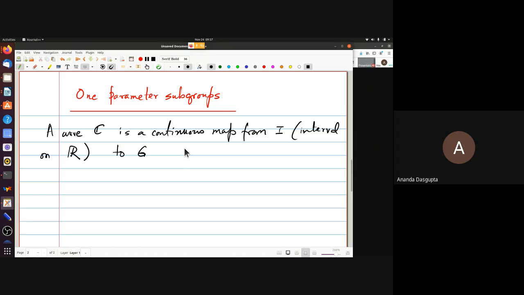Those of you who have done advanced maths would know that when you say continuous map, the curve really is a map, but we often confuse the map with the image of I under the map. So when we say curve, say this is a manifold, we don't really mean the curve is this.